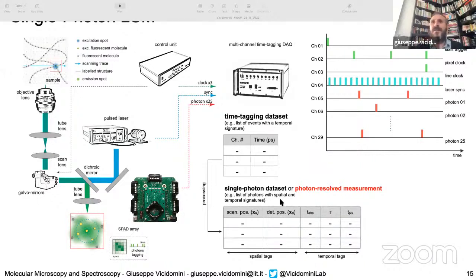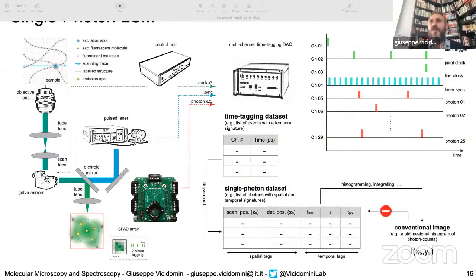Once we have this single photon, or photon-resolved, data set, we can obviously always reconstruct a conventional data set. We can always reconstruct conventional intensity-based images by integrating, as my detector was doing before, or by making a histogram. So I can always come back to the conventional representation of the data.